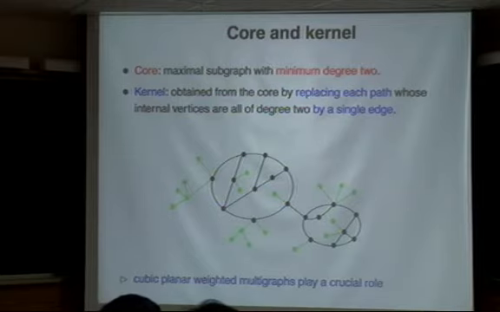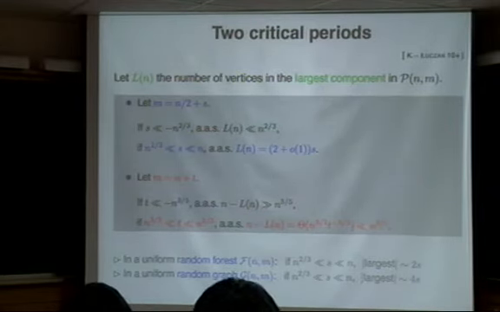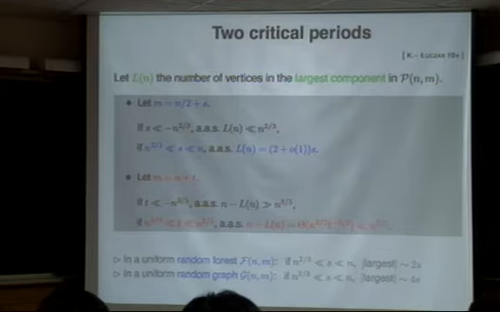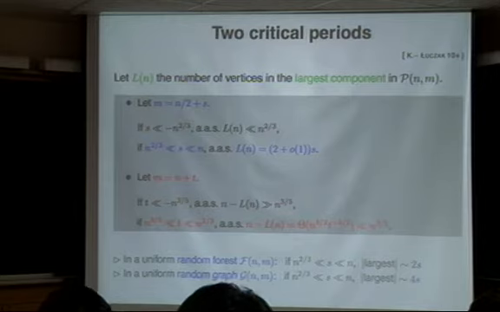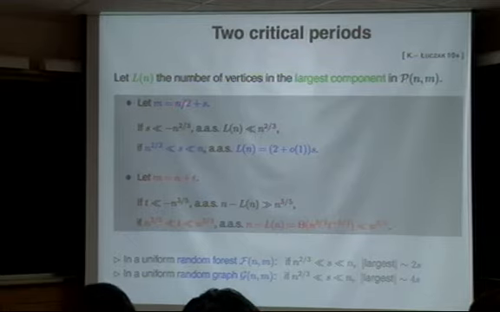So this is about the planar complex graph, and using that, Tomasz Łuczak and I show that there are two critical periods in the evolution of random planar graphs. Now, in the standard random graphs, we have seen one single critical period, but in the planar graph, there are two. The first one takes place when the giant component is formed, and it takes place when the number of edges is around n/2.